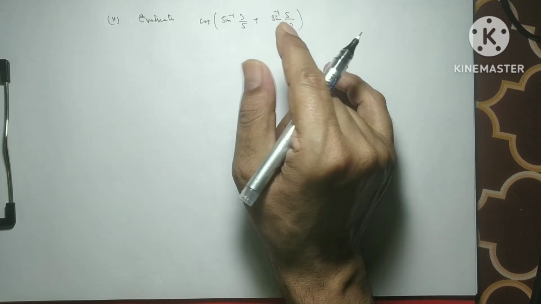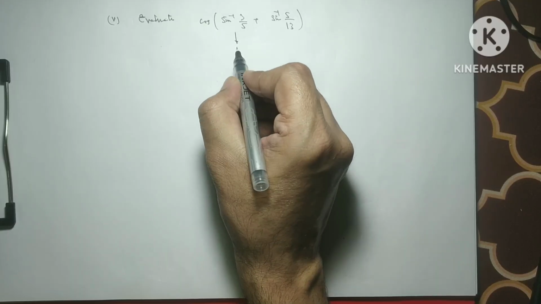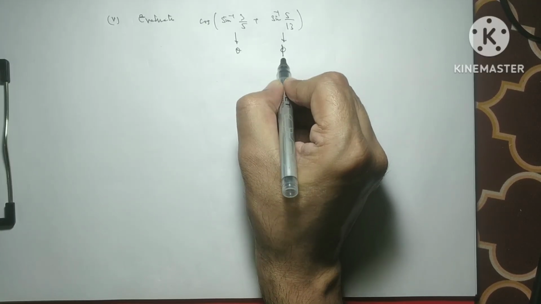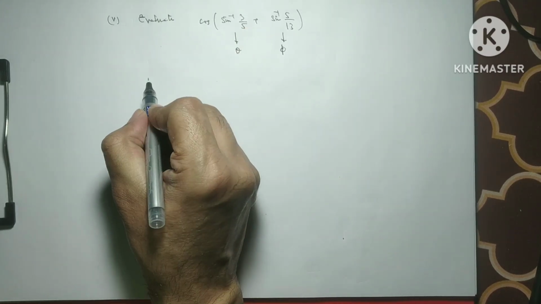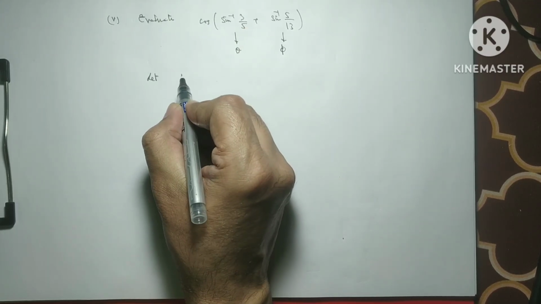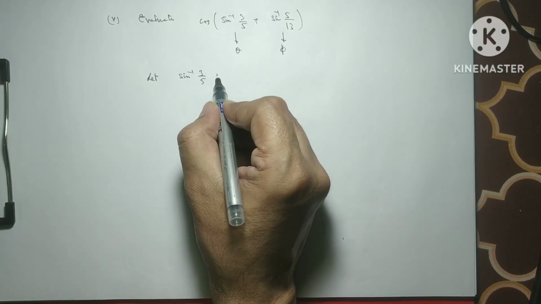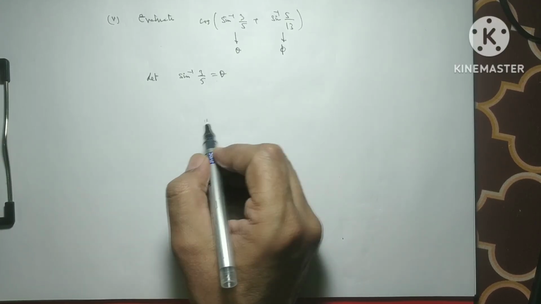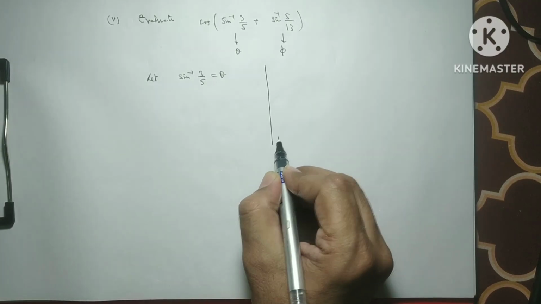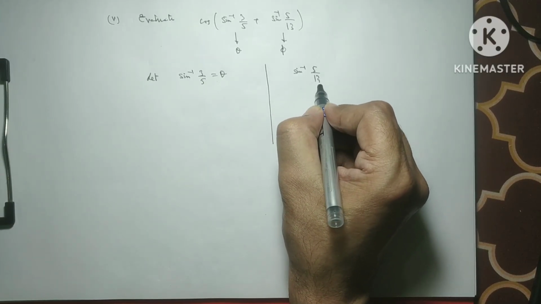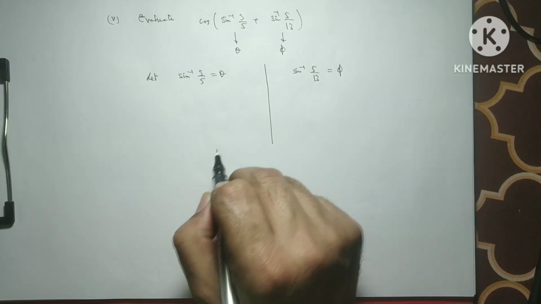So we consider two angles, just like this angle is theta and this angle is phi. Let sin inverse 3 by 5 be theta and sin inverse 5 by 13 be angle phi.